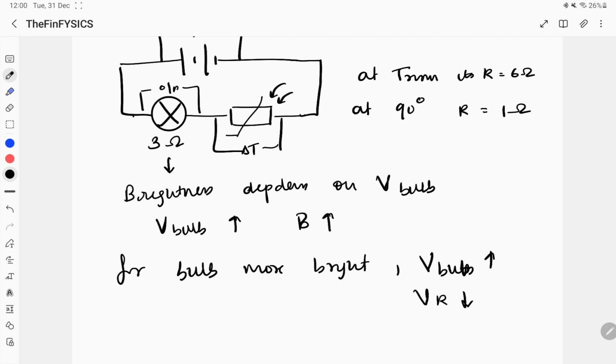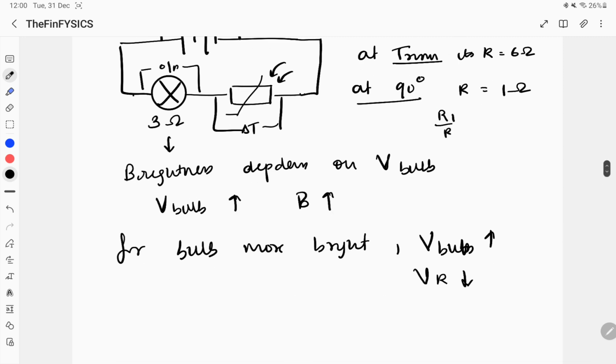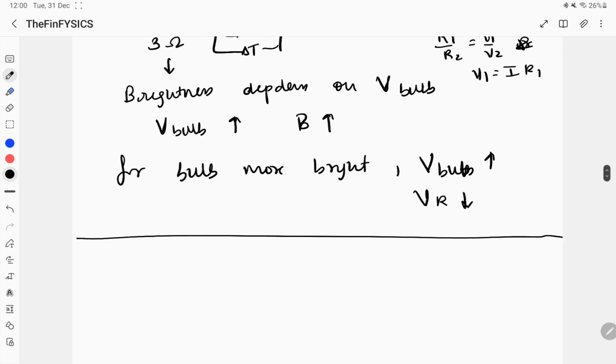And you can find out the voltage at room temperature or at 90 degrees using the same formula, R1 upon R2 is V1 upon V2, and you have to use V1 is I times R1 and so on, the one that we used in the previous video.